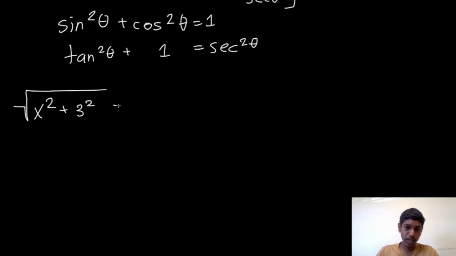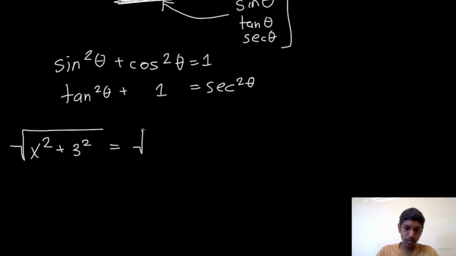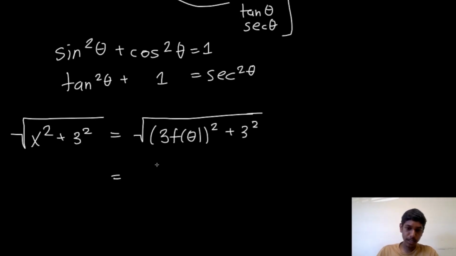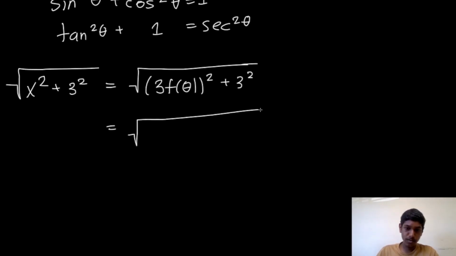So we end up getting root of 3, because a is 3 in this case, f of theta squared plus 3 squared. Then we're going to get root 3 squared times f of theta squared plus 1, after we factor out a 3 squared from there.